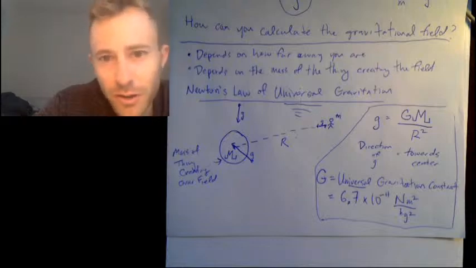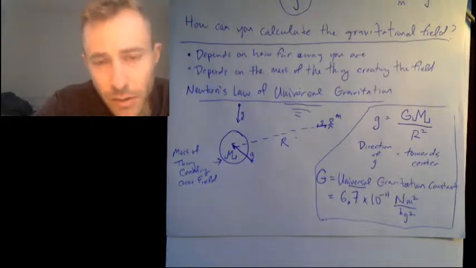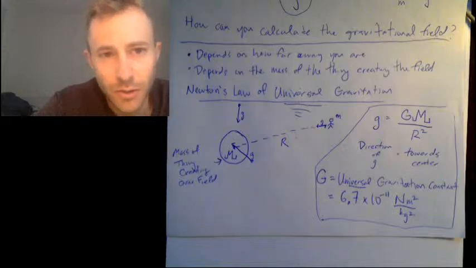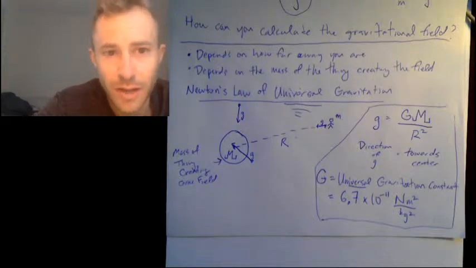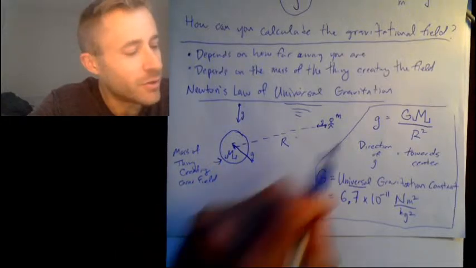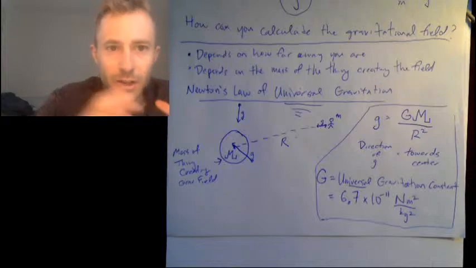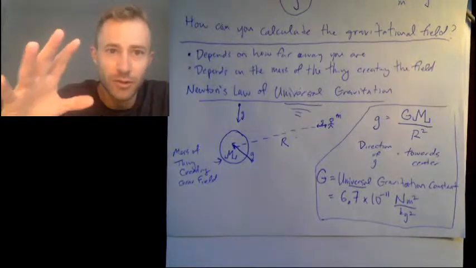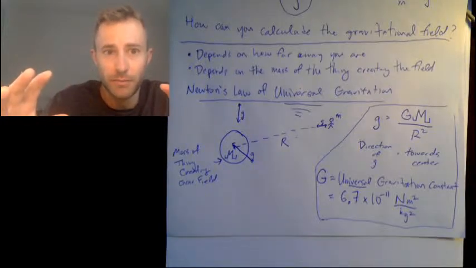If we wanted to calculate what is the gravitational field that the sun experiences due to the galaxy, then big M would be the mass of the galaxy and little m would be the mass of the sun. Okay? So what we consider to be big M and what we consider to be little m is a matter of perspective. Okay?